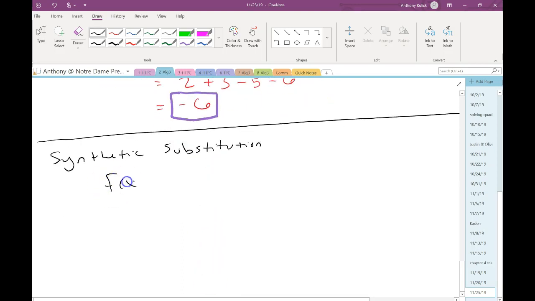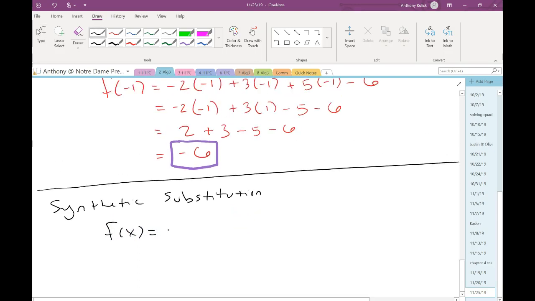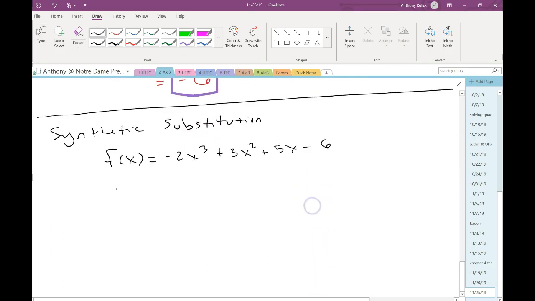So let's say we still have that same f of x, and we're still interested in what f of negative 1 is. Okay? So this is an alternative way to do the same thing we just did above.